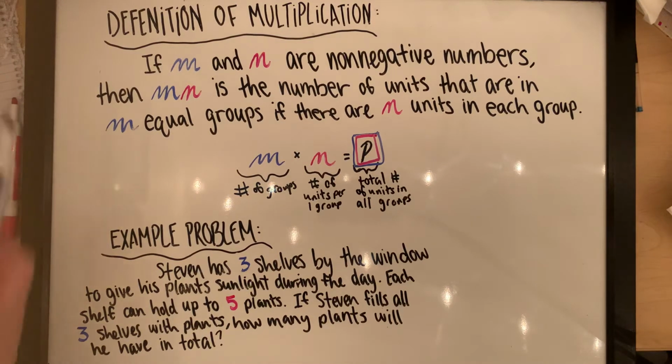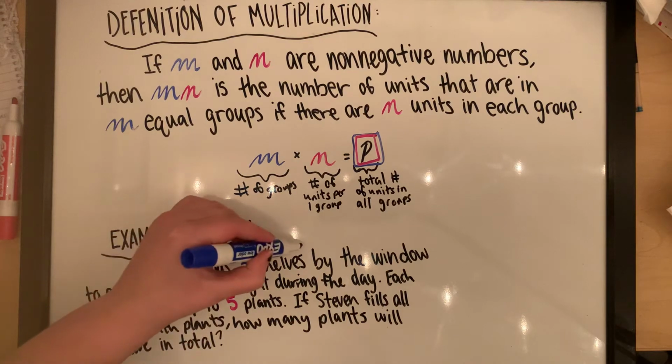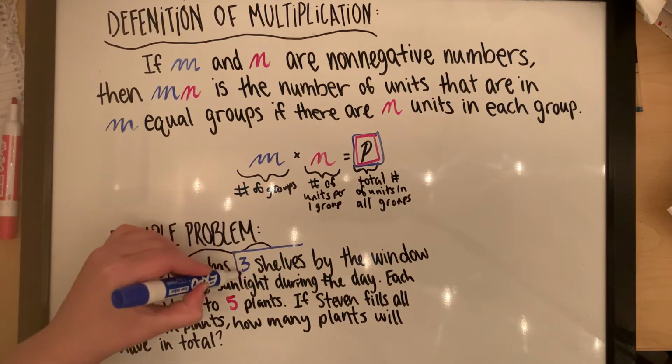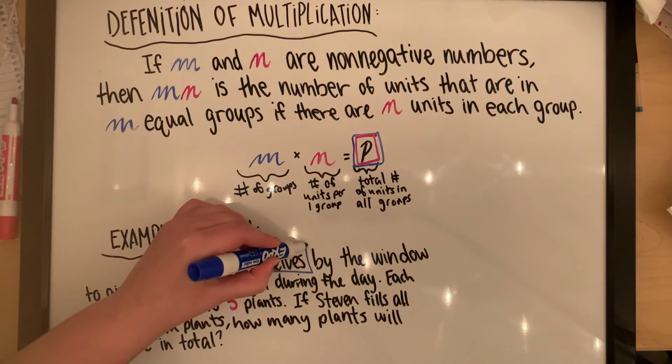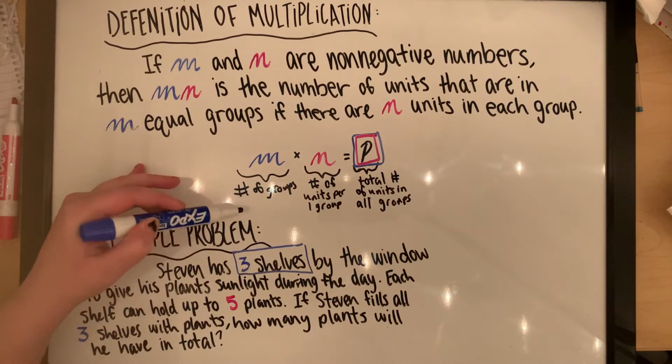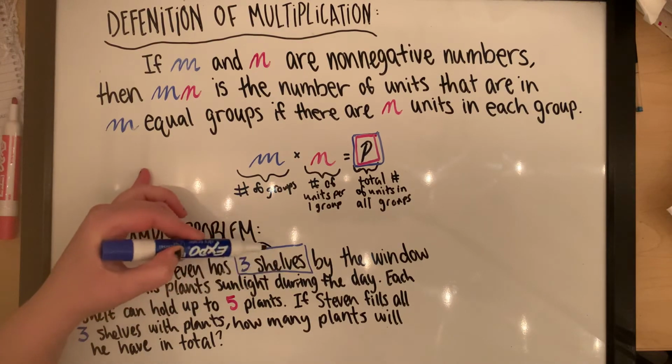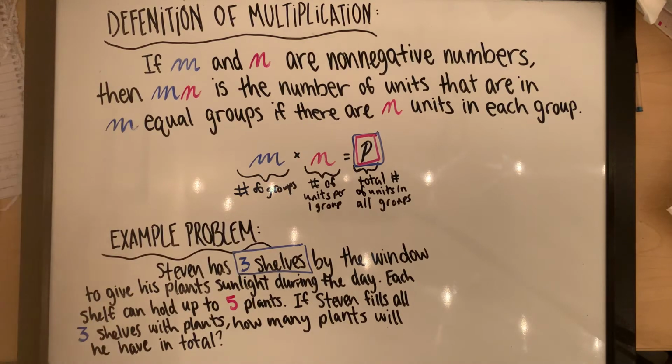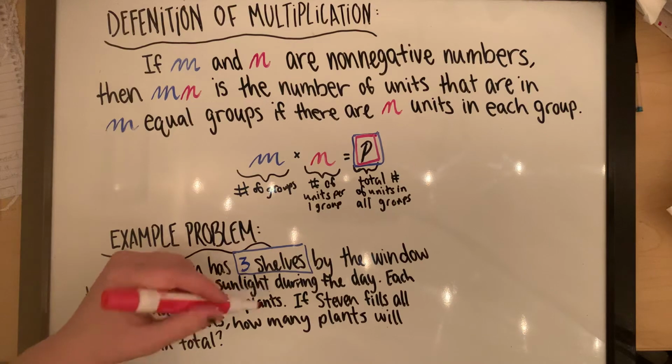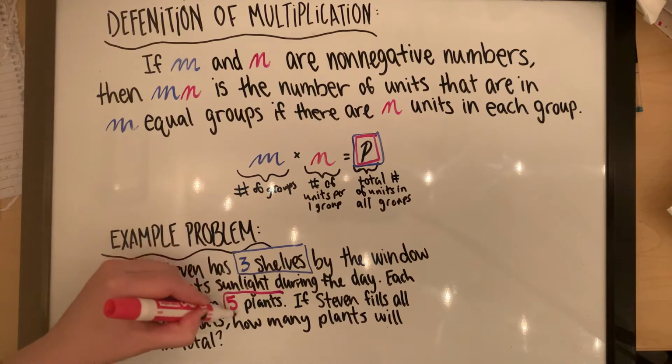So our values that we're looking at here are: Stephen has 3 shelves, so this is going to be our m value, our number of groups. We have 3 shelves to place plants on, which leads me to our n value, which is that each shelf can hold up to 5 plants.